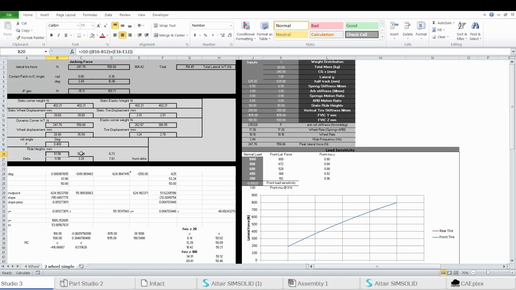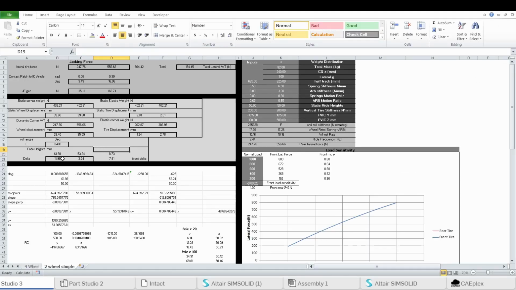I take the static wheel displacement and find the change of the displacement. So how much did it change in your corner? And I just add or subtract those depending on whether it's left or right, and find those new numbers.